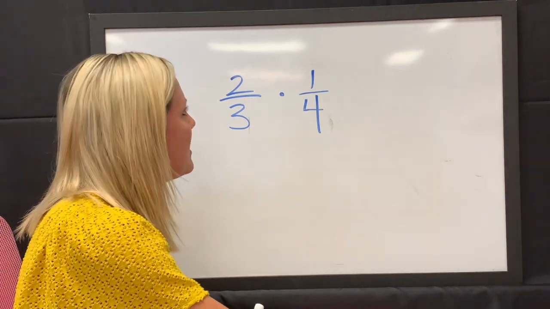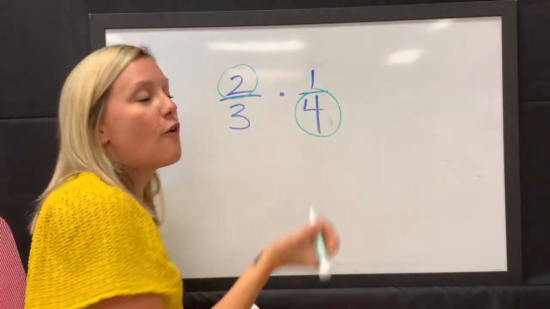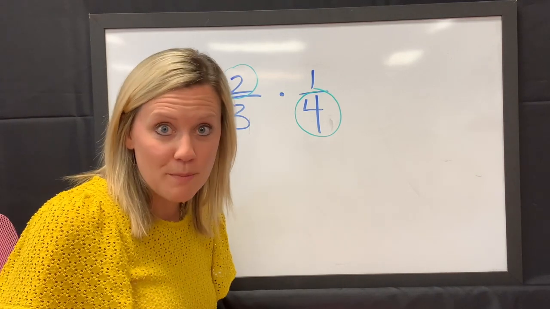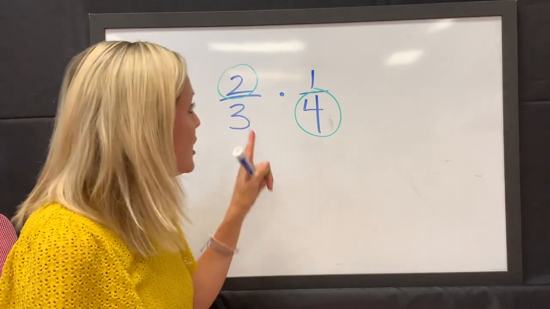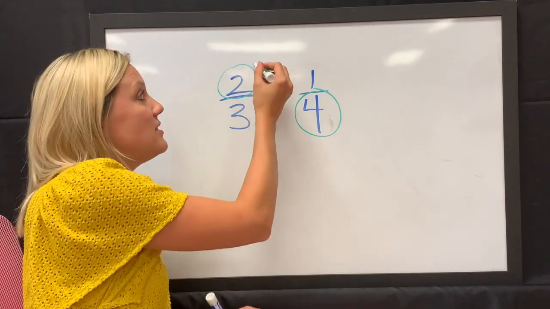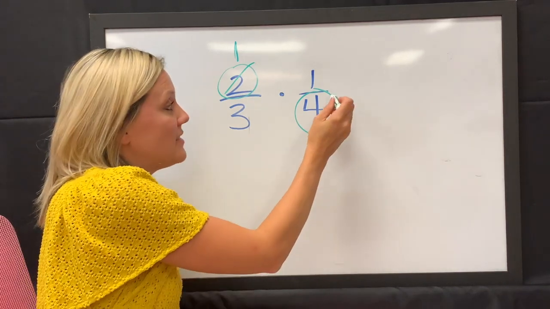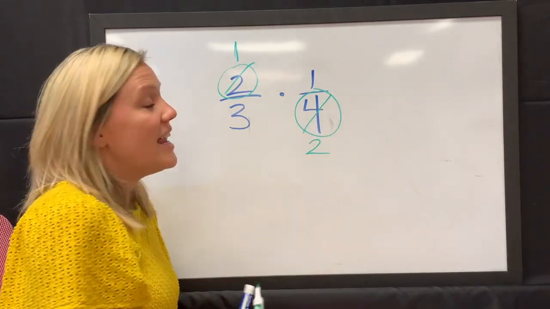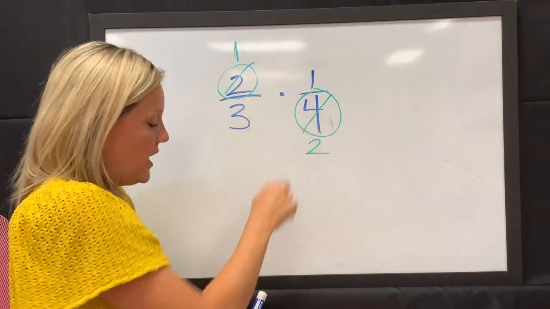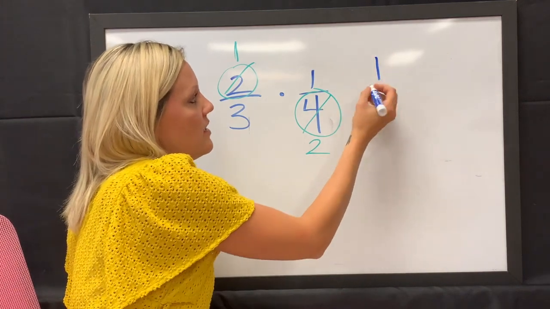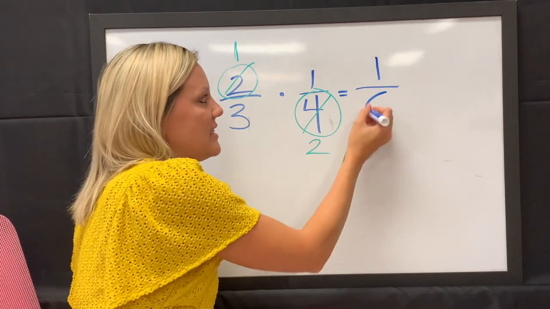So let's look at this for a minute. And I think there is a number that goes into 2 and 4 evenly. What number is that? 2. 2 goes into both of those numbers. 2 goes into 2 once, and 2 goes into 4 twice. Now I'm going to multiply across. 1 times 1 is 1. 3 times 2 is 6.